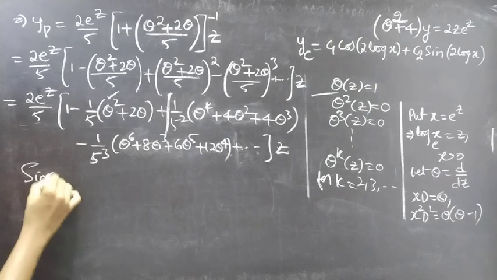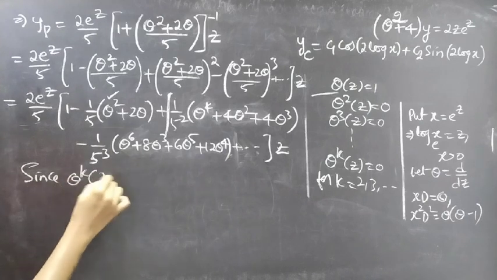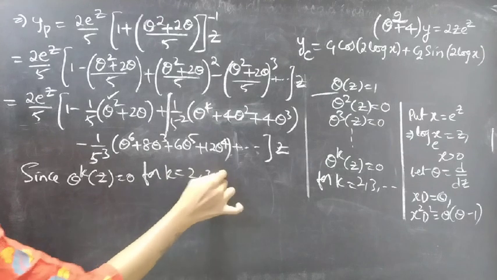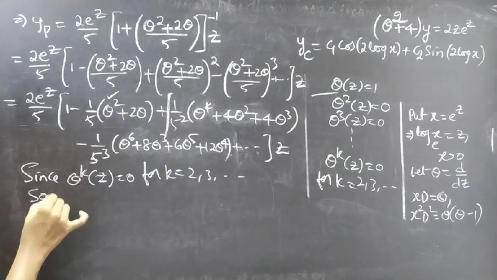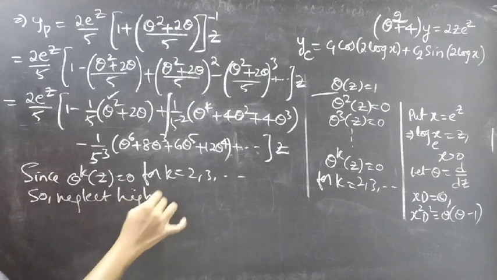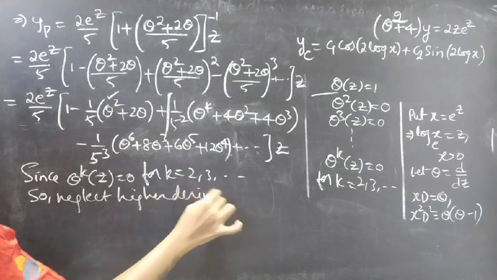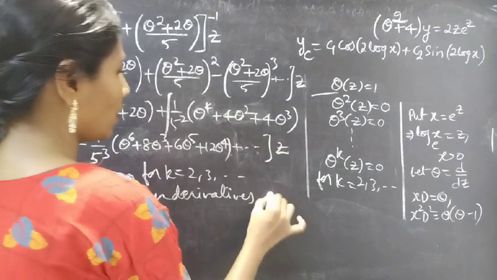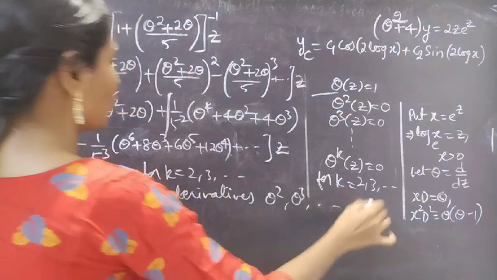Since theta power k of z equals 0 for k equal to 2, 3 and so on, neglect higher derivatives theta square, theta cube and so on.